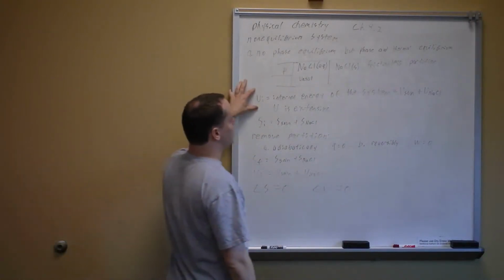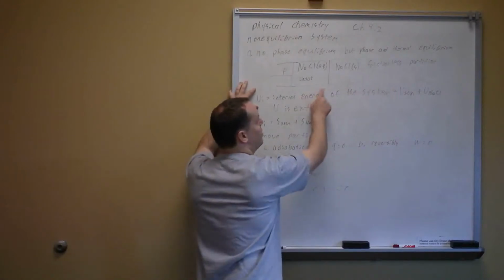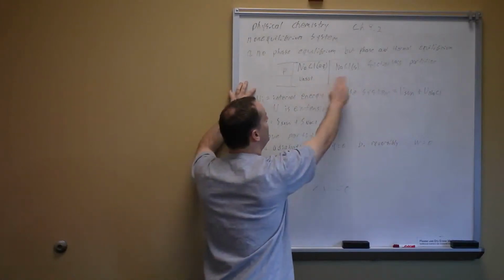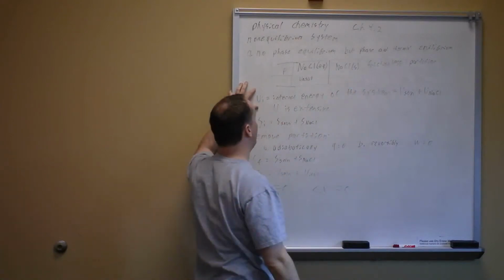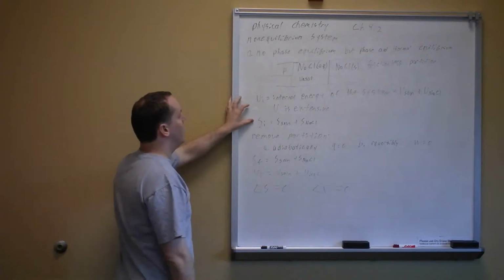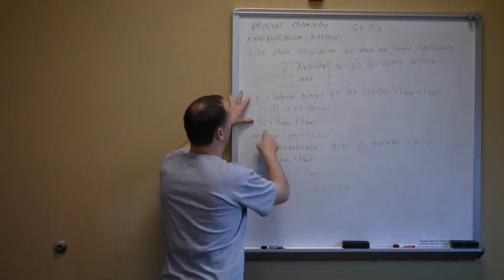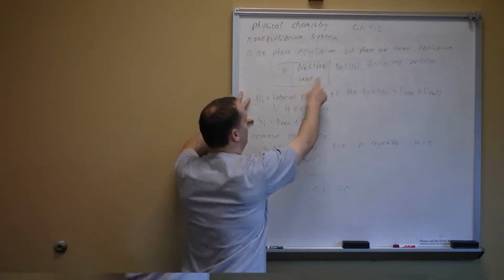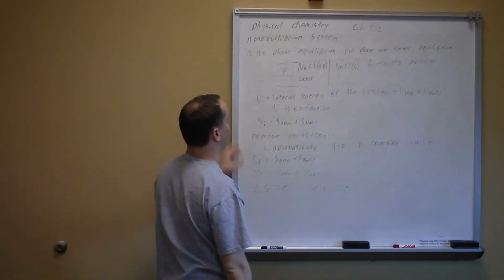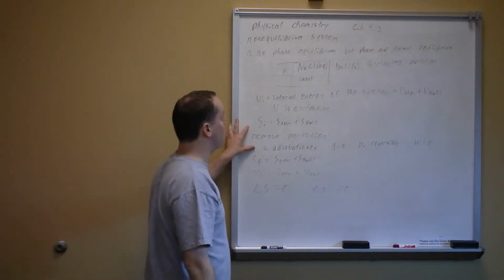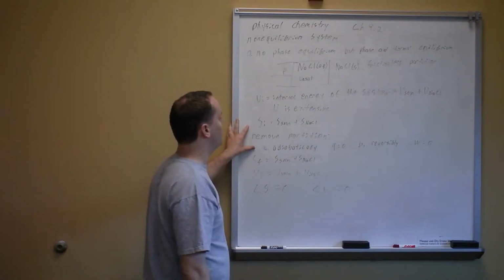Okay, now the internal energy of the system initially, the way it's drawn, is equal to the internal energy of the solution plus the internal energy of the salt, because internal energy is extensive. Likewise, entropy is extensive. So the total entropy is equal to the entropy of the solution plus the entropy of the solid salt. Now let's say we remove the partition. We're going to do this adiabatically, so Q is equal to 0.